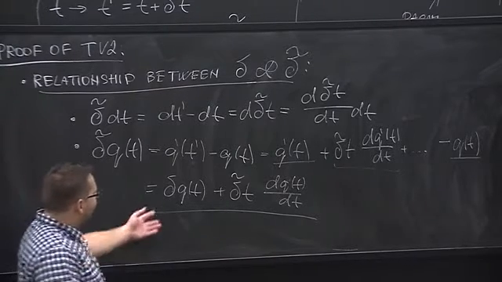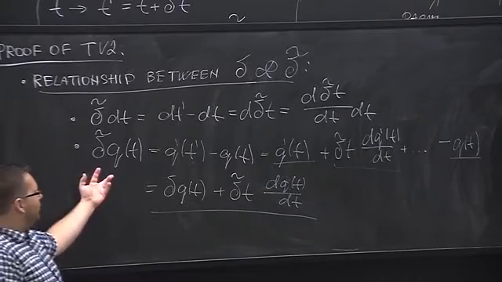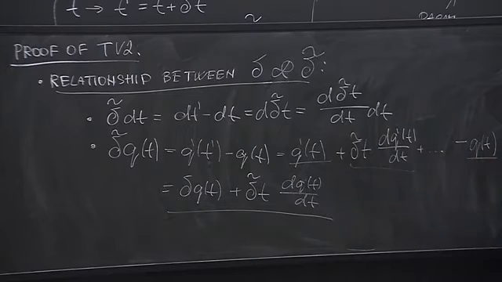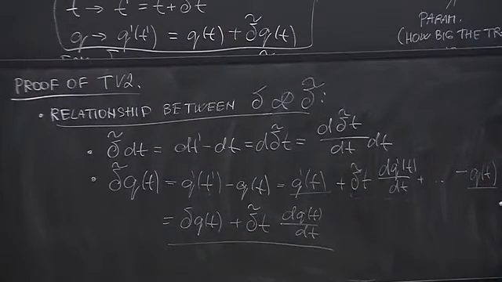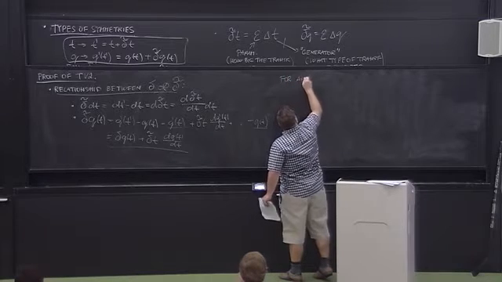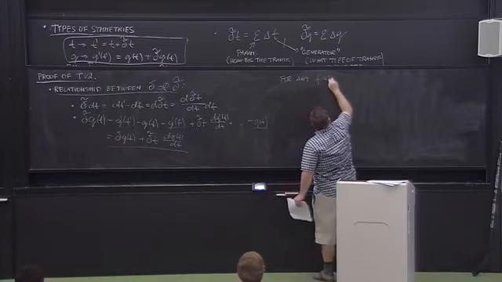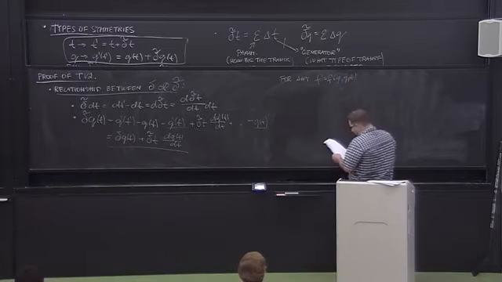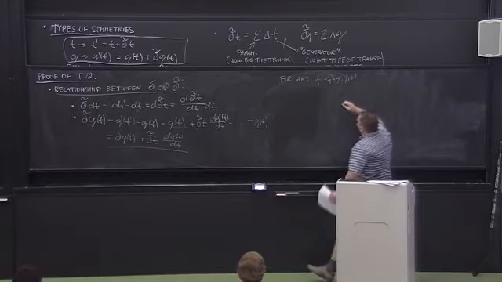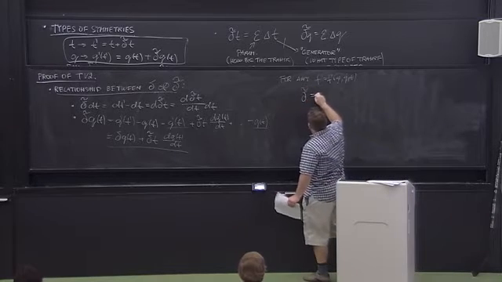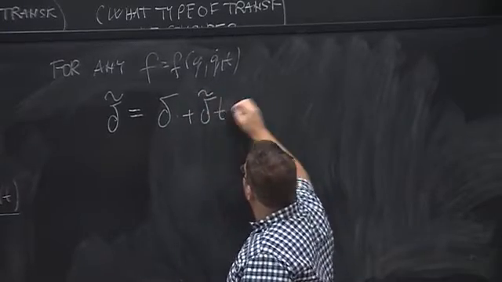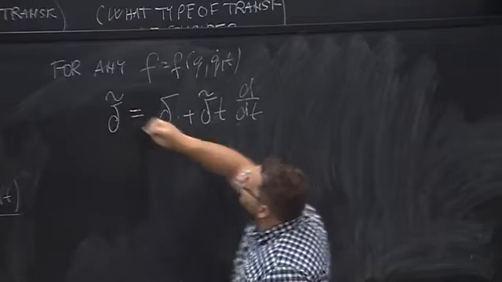Now you can write it in a clever way which will be valid for any function. This is for q, but you can do it for any function, and you get a relationship. You can do it yourself. So for any function of q, q dot and t, we have the following identity: delta tilde equals delta plus delta tilde t d over dt of that function.